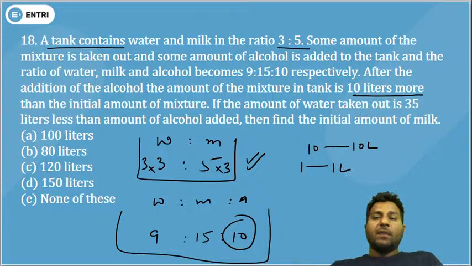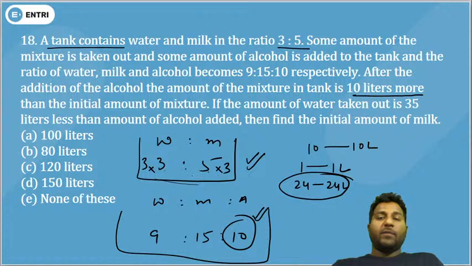If the amount of water taken out is 35 liters less than the amount of alcohol added, so alcohol added was 10 liter. Let's find out how much quantity of the reduced one has been left. So clearly 5, 3, 8, 8 threes are 24. So 24 liter of the quantity has been left.